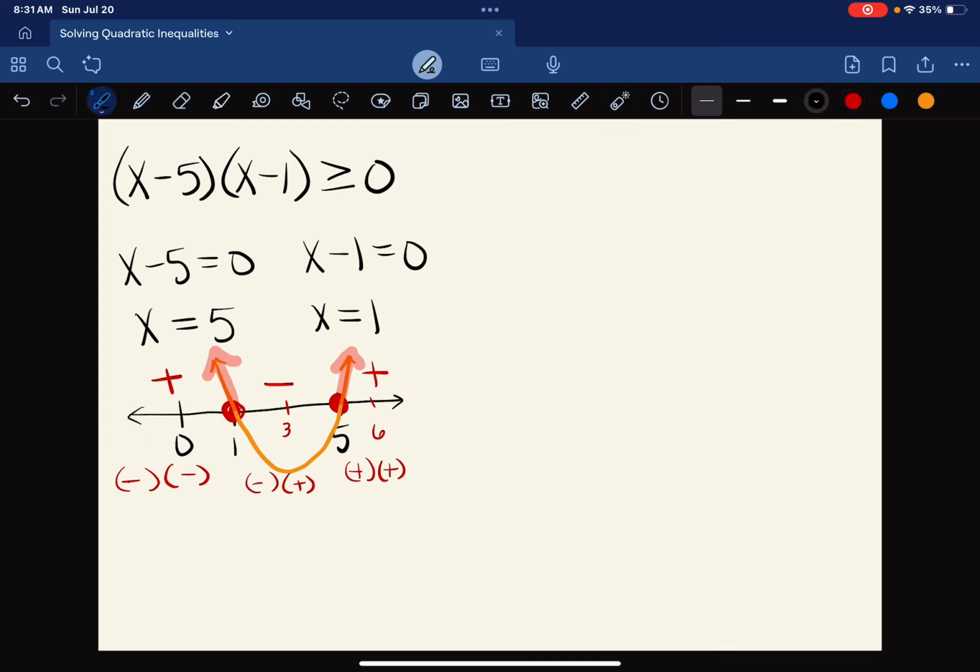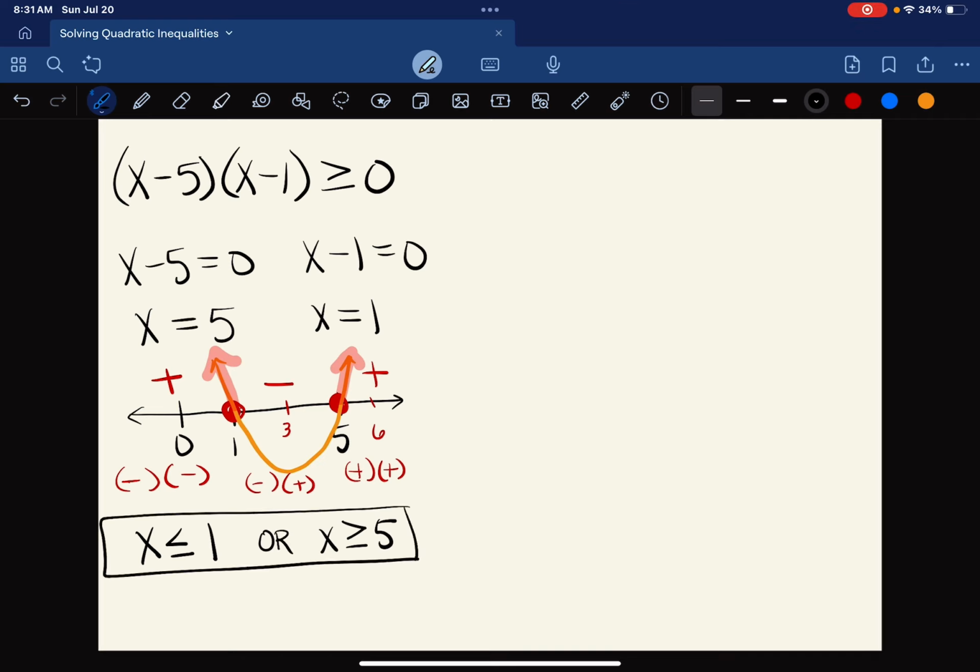So everything to the left of +1 and including +1, we would say x is less than or equal to 1. And for the next section, I would say x is greater than or equal to +5. And because both of these solutions work, it could be either x is less than or equal to 1 or x is greater than or equal to +5. And those are your solutions.